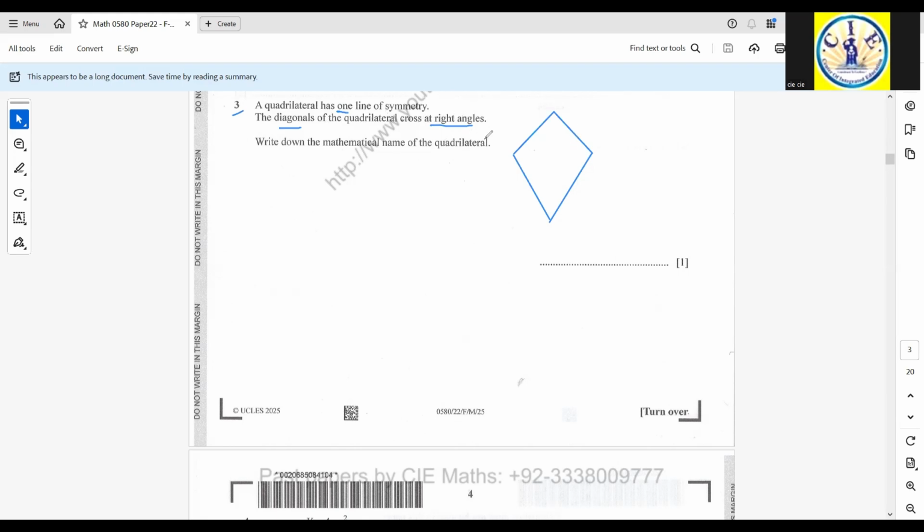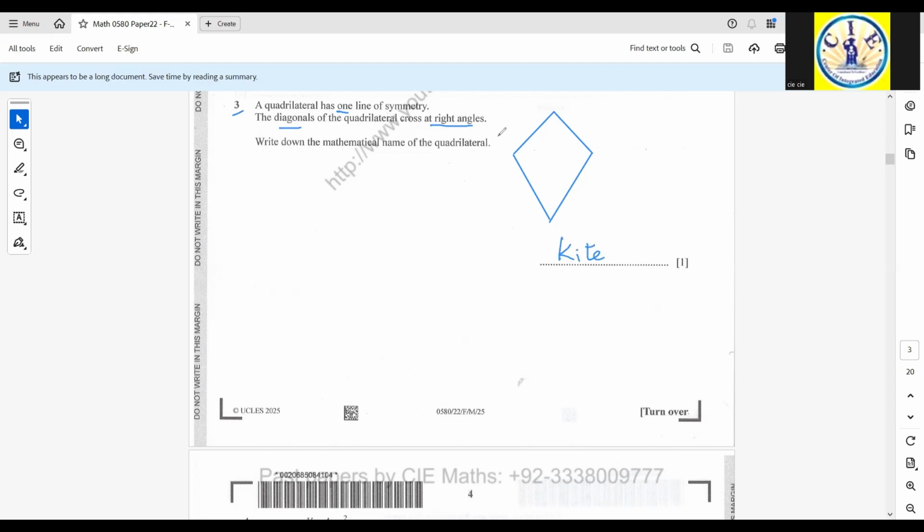Had it been a rhombus, it would have had two lines of symmetry. So in this case, the answer is going to be a kite.